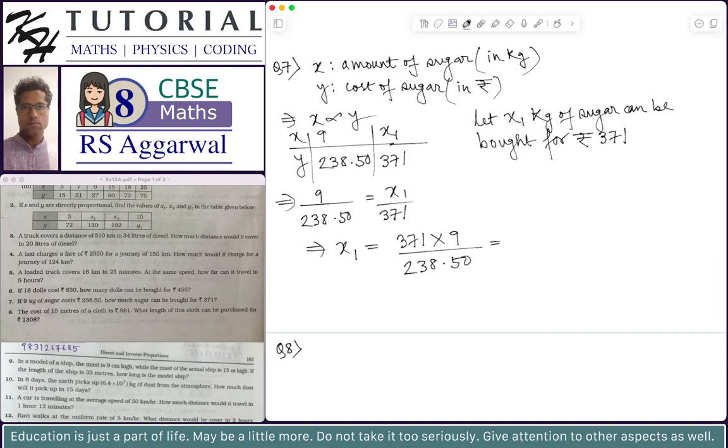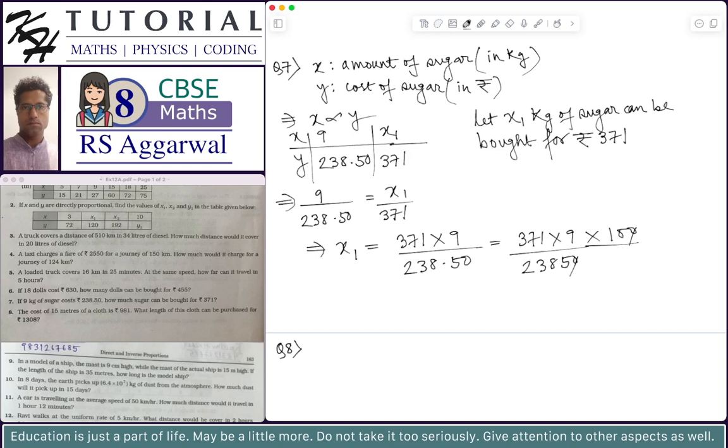Now if we convert the decimal denominator as a fraction, we have 23850 divided by 100. Okay. Let's see. We have to do some simplification. So the 1 0 cancels out.